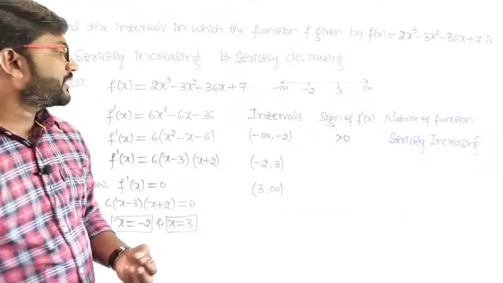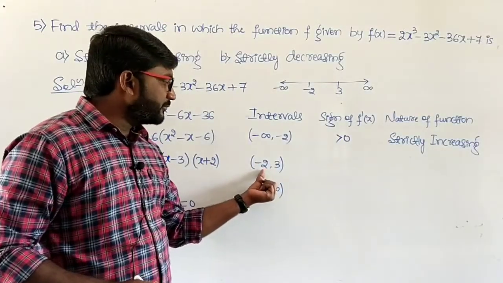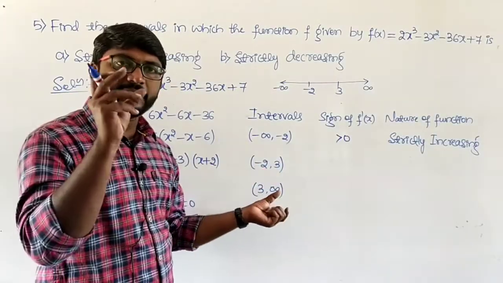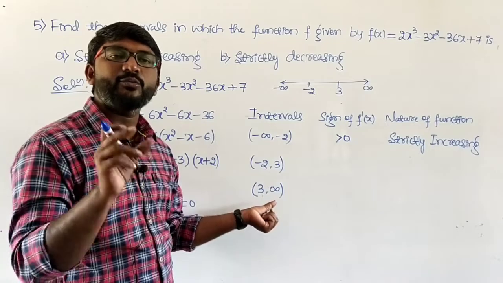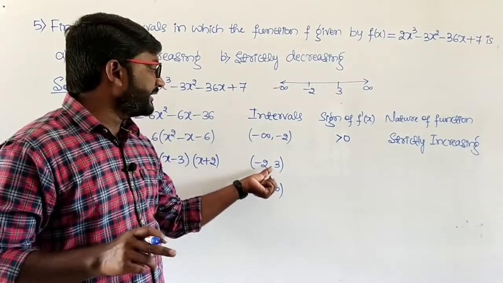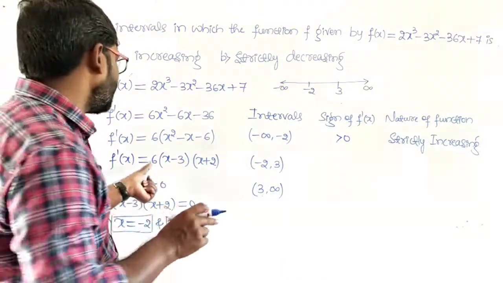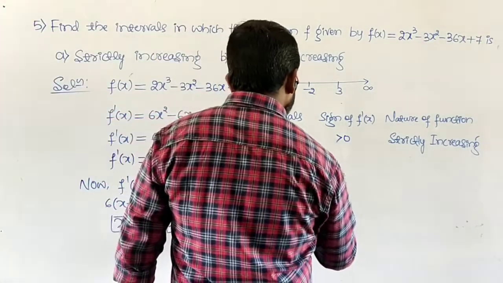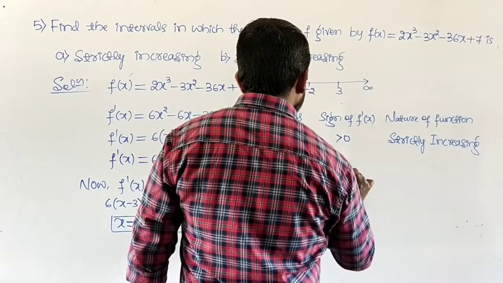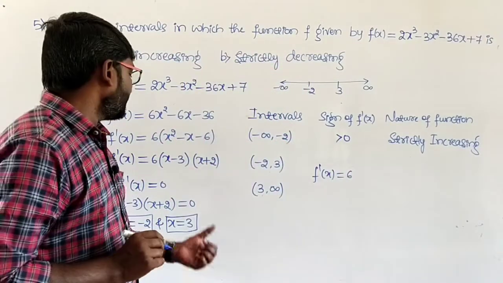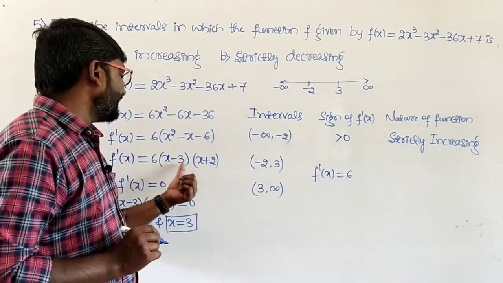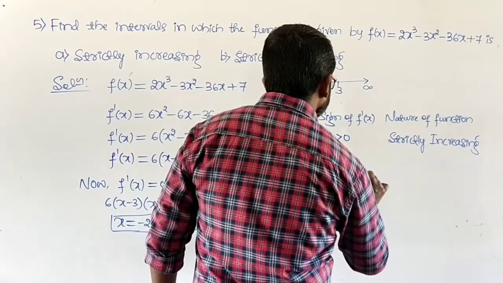It is minus 2 comma plus 3. Leave the minus 2 and plus 3. In between you can take minus 1, 0, plus 1, plus 2. So let me take 0. Substitute in place of x in f dash of x now. f dash of x equals 6, write it as it is. Then in place of x I am going to write 0. 0 minus 3 is minus 3.